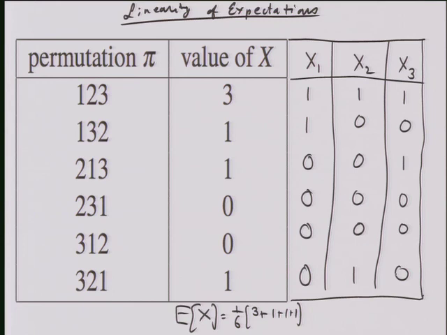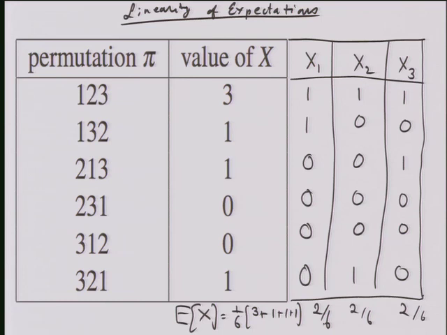So in linearity of expectations, we say, well, if you want to add up all these things, let's add each column first, and then we'll add up the results here. So we add each column. What do we get? We get 2, 2, 2, which means that the expected value of x sub i is 2 over 6, 2 over 6, 2 over 6.